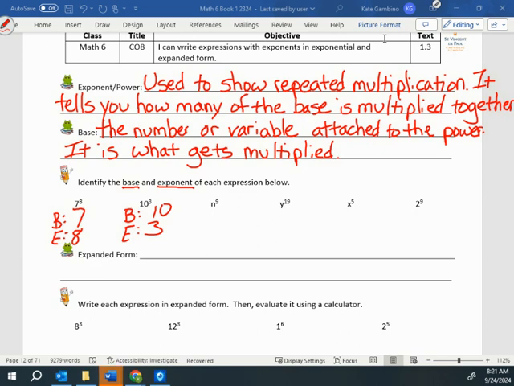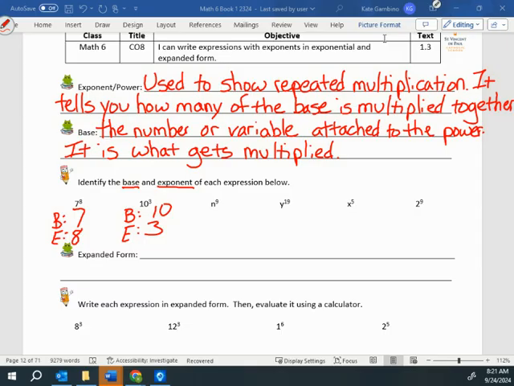No. What do I do to find out what 10 to the 3rd power is? Lexi? Yeah, 10 times 10 times 10. I'm multiplying by 10 3 times. You're going to do the rest of these, finding the base and the exponents on your own.